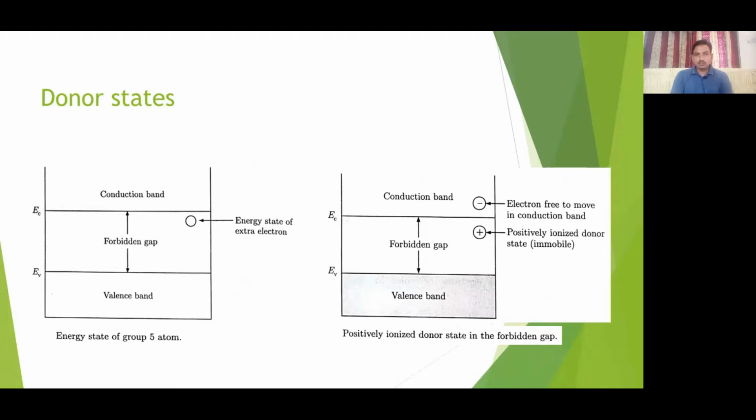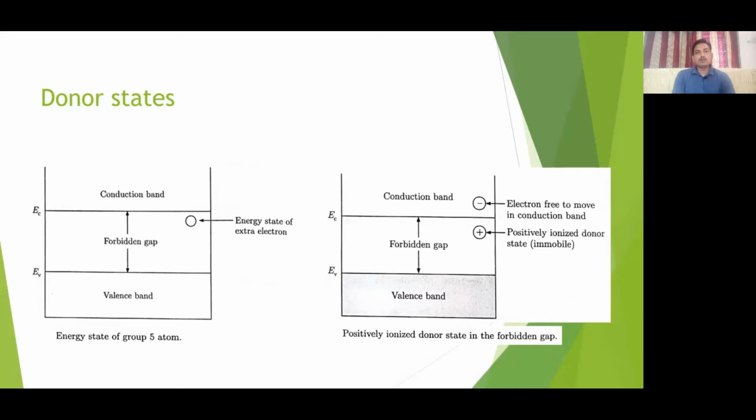So where does this extra energy state come from? It comes from the addition of impurity atoms. So if you add a pentavalent atom as impurity, then an extra electron remains unpaired. So that extra electron which is unpaired creates extra energy states.